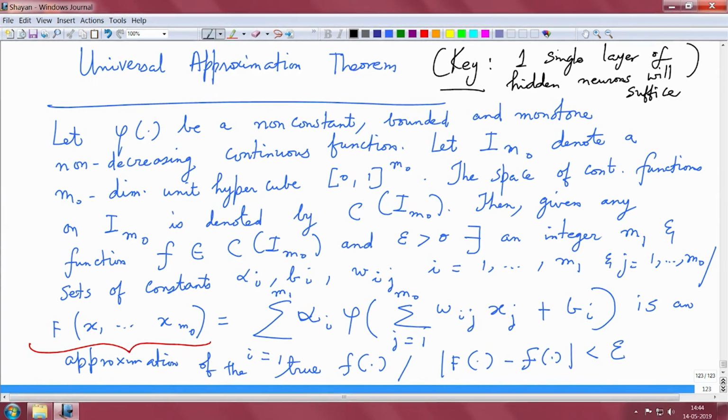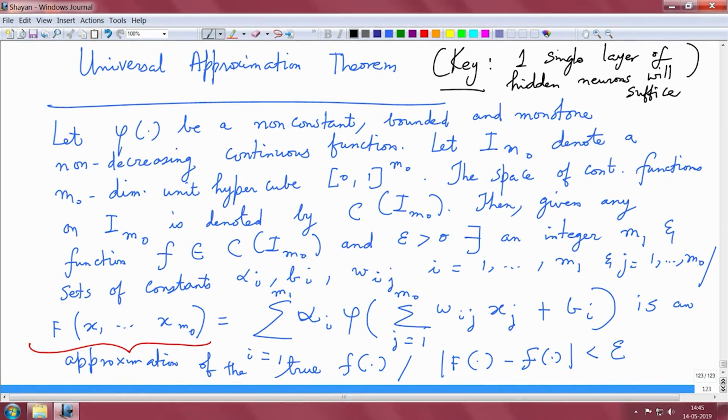But nothing is told in this theorem regarding the optimality of a single layer with respect to the learning time, the ease of implementation, the generalization, or the order in an input process, that is, if the input process has memory, what is the order required, etc. Nothing is told about this.